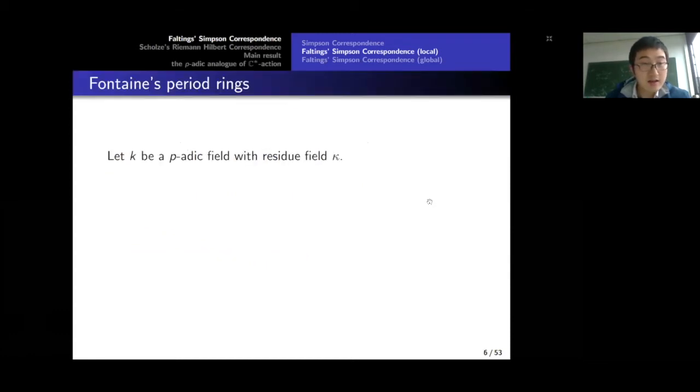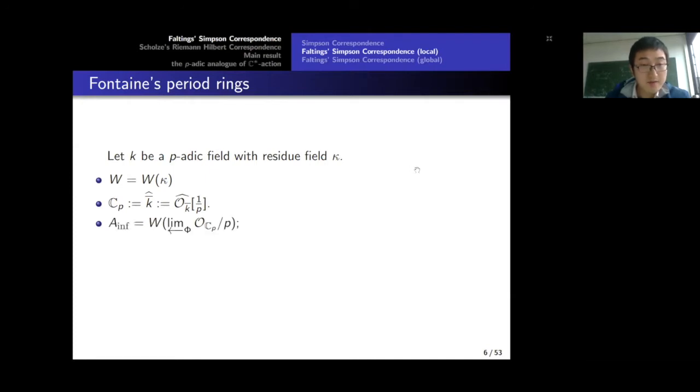Before this, I want to talk about Faltings' p-adic period ring. Let K be a p-adic field with residue field kappa. This W is defined to be the Witt ring with coefficients in kappa. C_p is defined to be the p-adic completion of an algebraic closure of this K. And A_inf is defined to be the Witt ring of this projective limit ring.